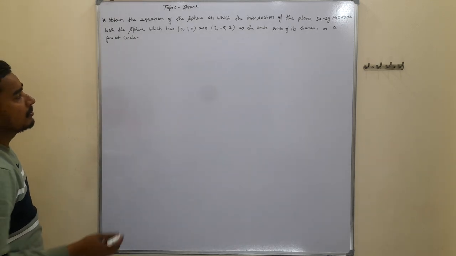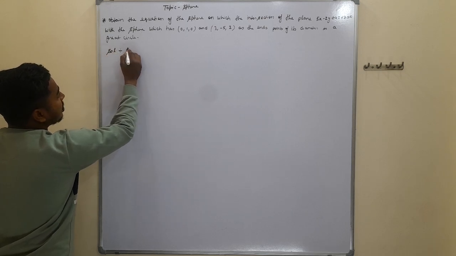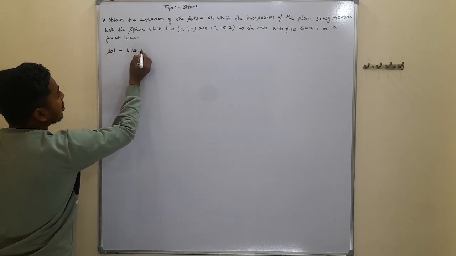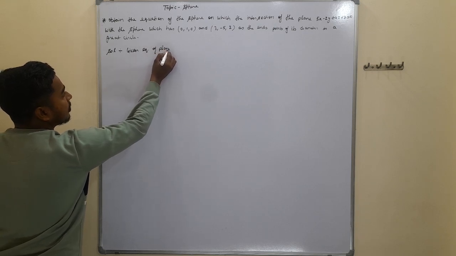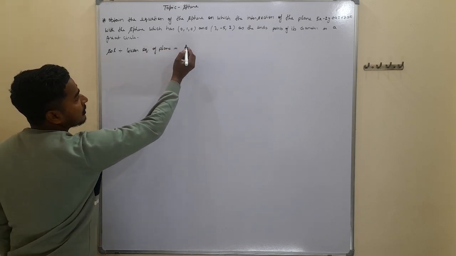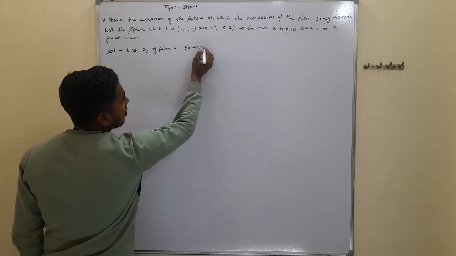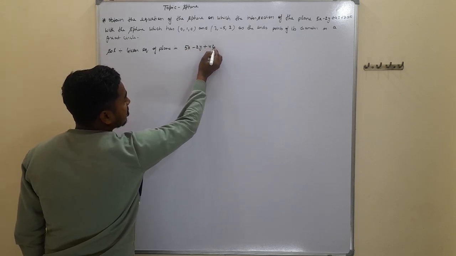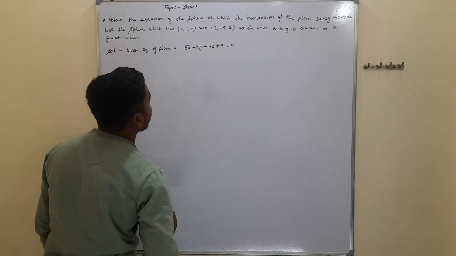Let's solve the problem. Given the equation of the plane is 5x minus 2y plus 4z plus 7 is equal to 0.